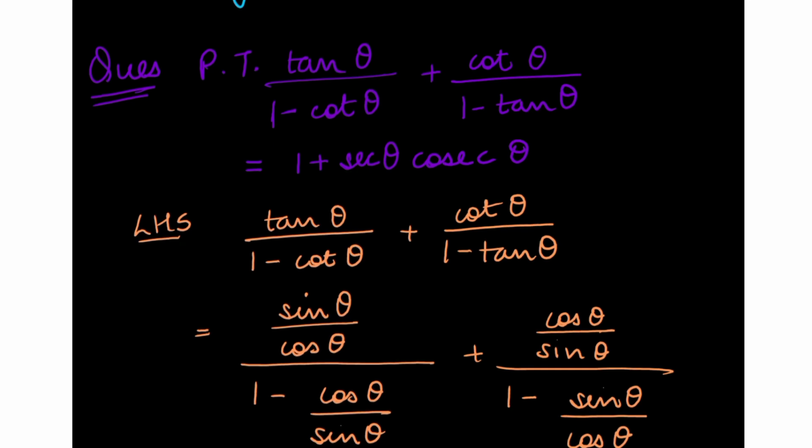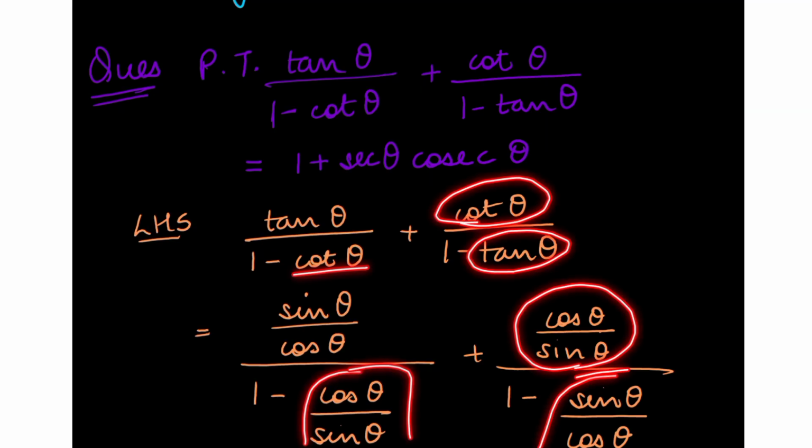Okay, so left hand side, let's start with left hand side. What we will do, we will convert tan and cot into sine and cosine. So first is tan, sine theta upon cos theta, cot, cos theta upon sine theta, cot again cos theta upon sine theta, tan sine theta upon cos theta.